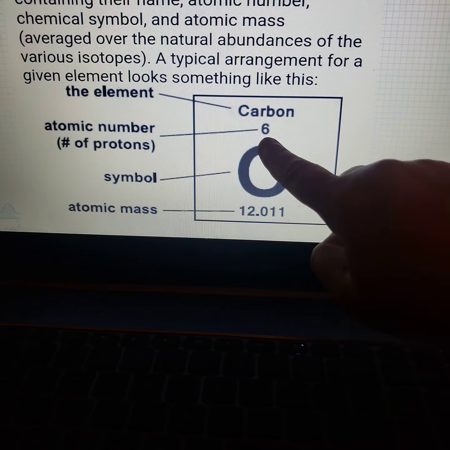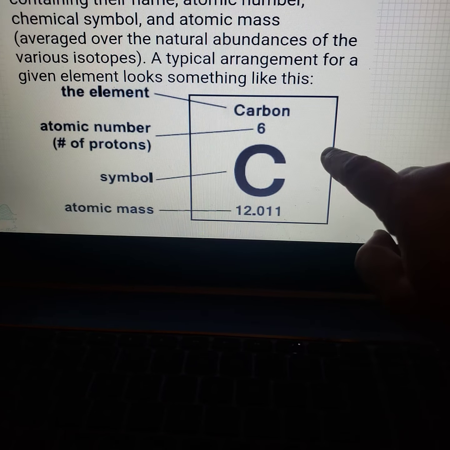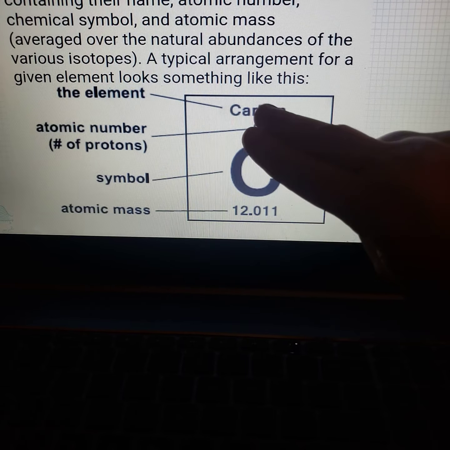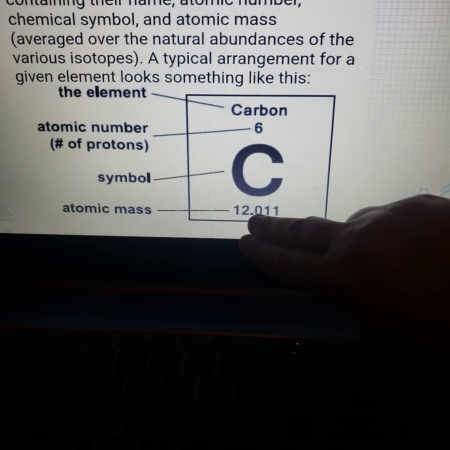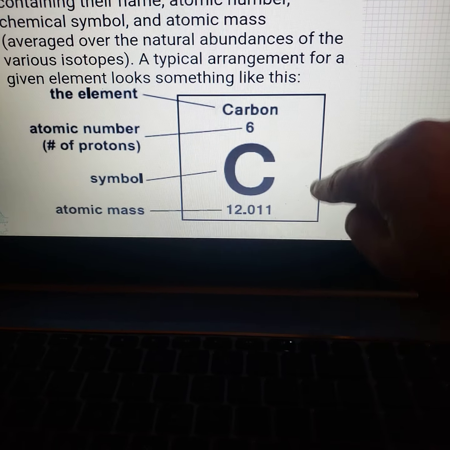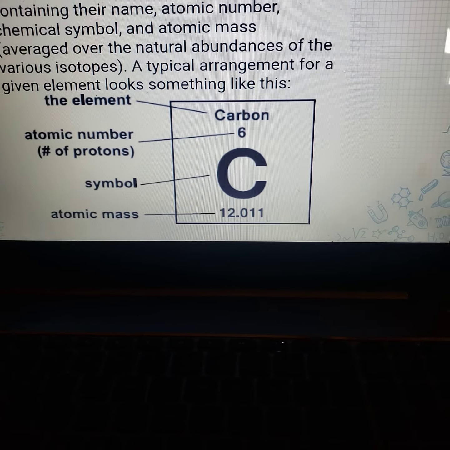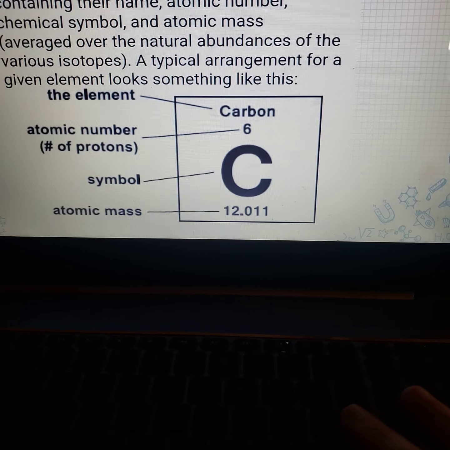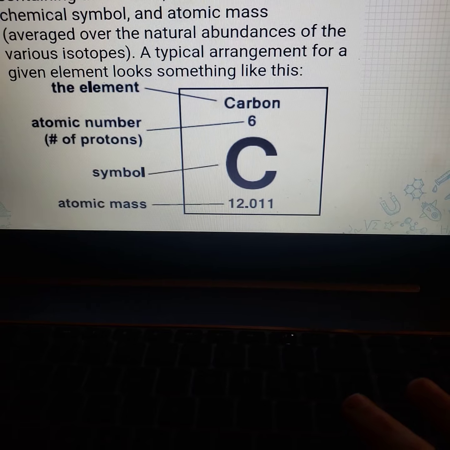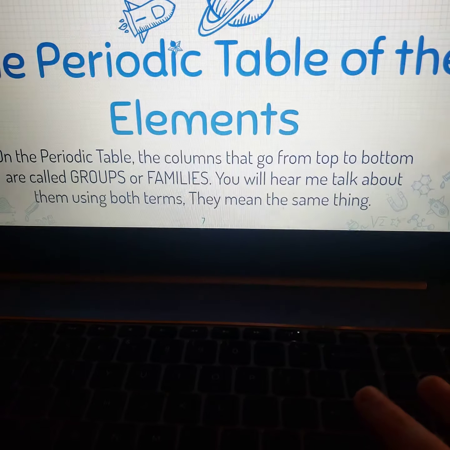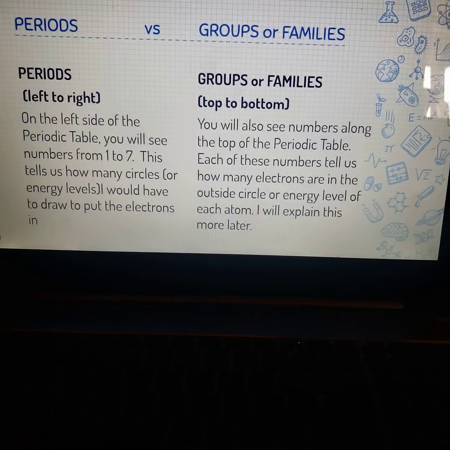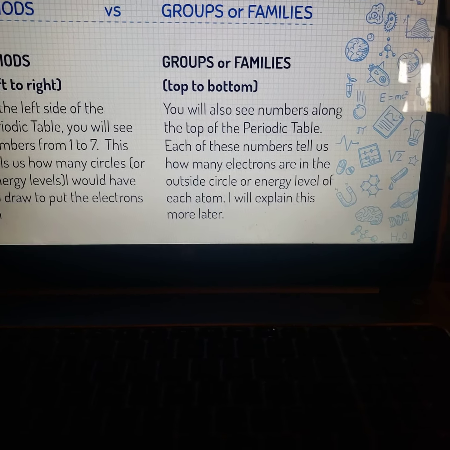It also has 6 electrons. So the first circle that I draw around it would have 2 electrons. Well, but this one needs 6. So I need to draw a second circle. So that's why carbon is in period 2, because it needs 2 circles to hold its electrons. If you don't understand that yet, I promise we will keep practicing this.